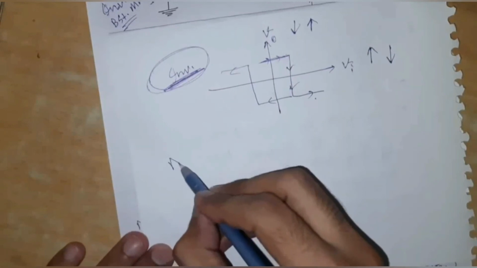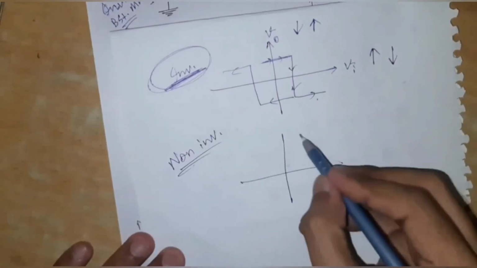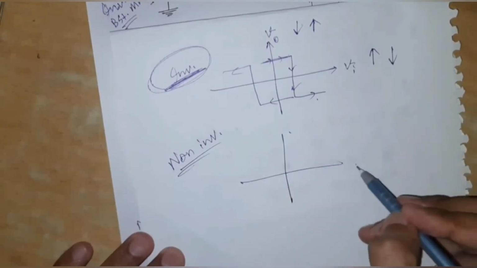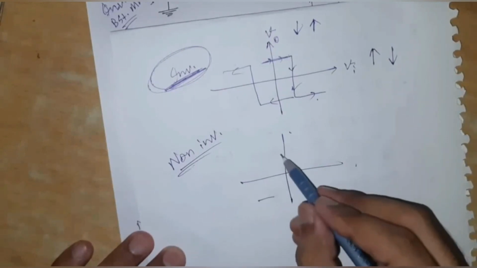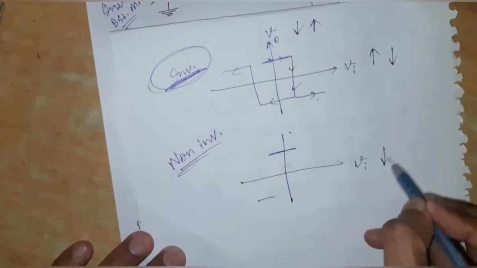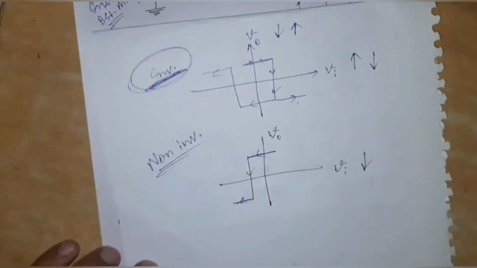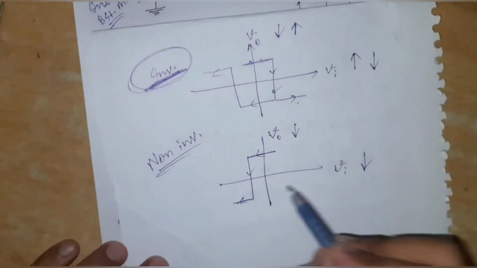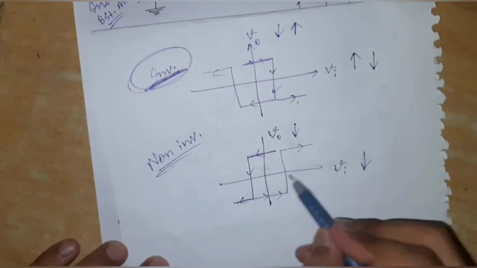And for non-inverting, it must be obvious to you by now that this is V input and this is V output. This was plus Vsat, and when we decreased V input, V output was also decreasing. And when we increased V input, V output also increased.